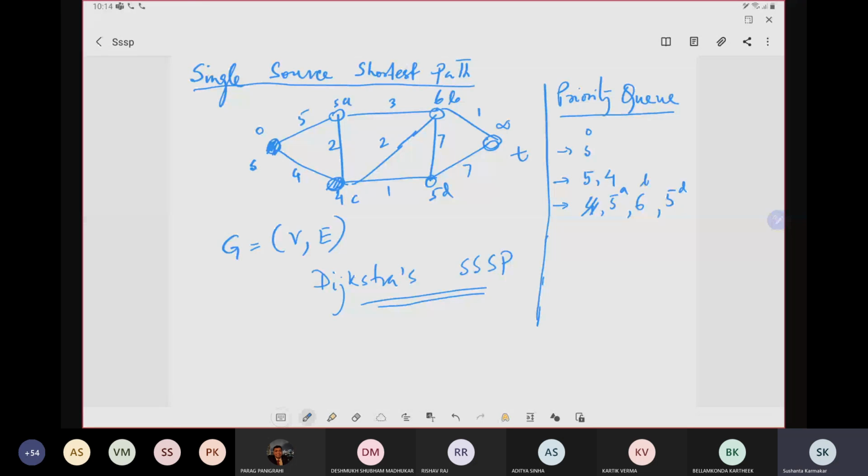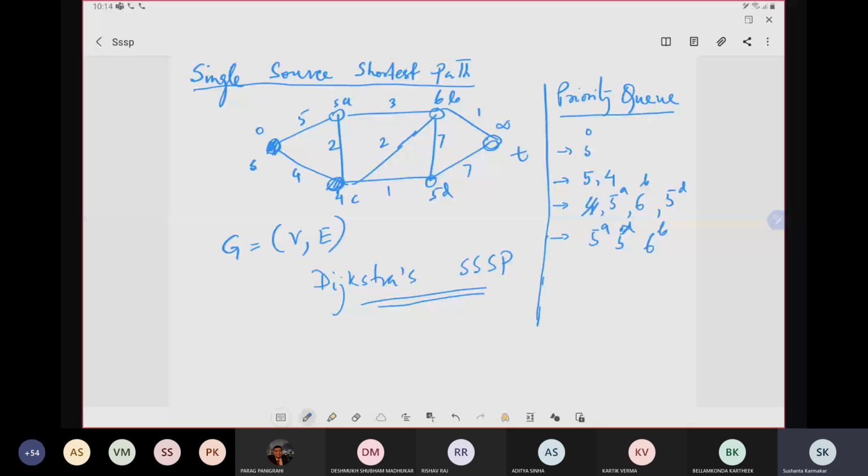Okay, now I'm done. So now these 2 are visited. Now in the priority queue, you see 5, 6, 5. So it will rearrange itself as 5A, 5D, 6B. Or it can rearrange itself as 5B, 5D, and 5A.